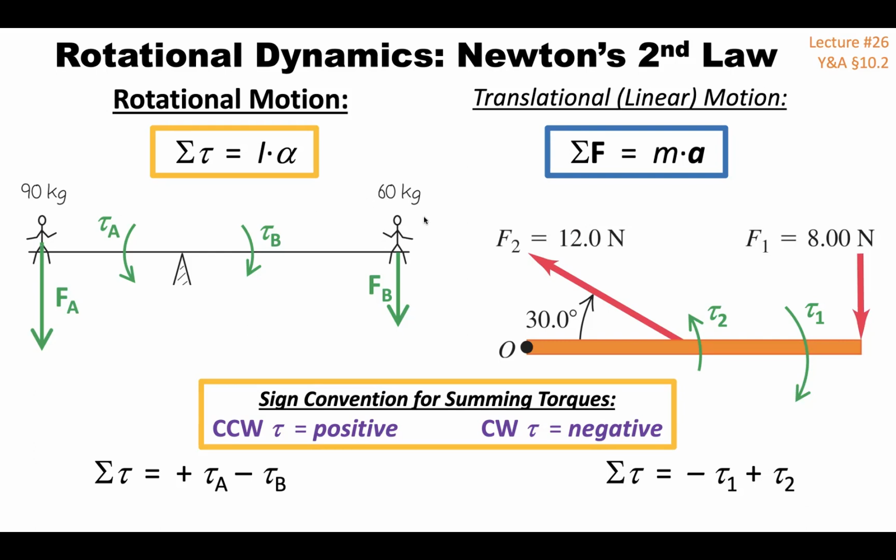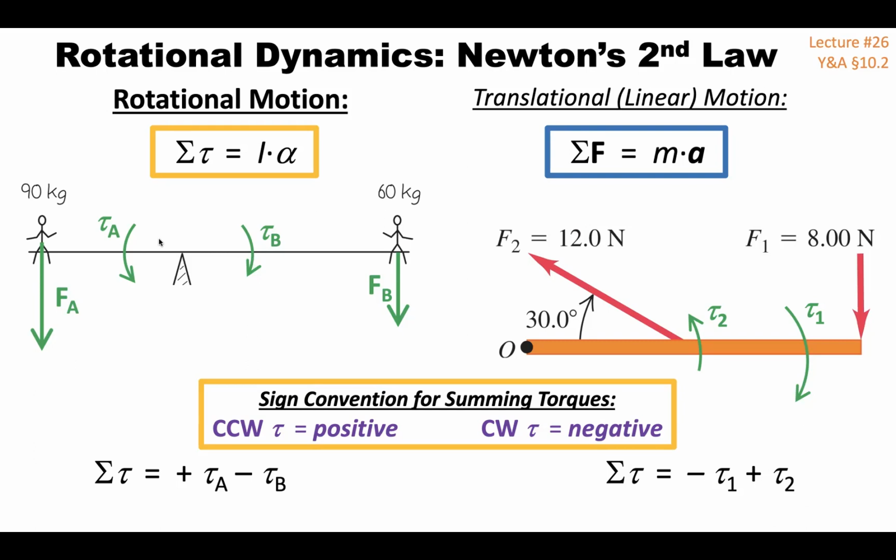In that case, each of these people has a weight, and each of those weights creates a torque about the pivot, or fulcrum, at least here, if they're not moving yet. We need to add up the counterclockwise torque caused by person A and the clockwise torque caused by person B. If we sum all that up, that will tell us how quickly the entire system is going to accelerate in an angular fashion about the pivot.